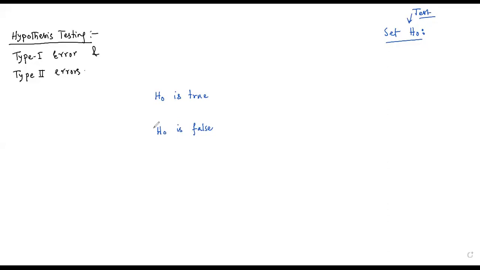Then, according to the calculation, two things may happen. What are these two things? We may accept the null hypothesis that we have set up corresponding to the situation, or we may reject the null hypothesis. These two things may happen. And when I'm doing this with respect to the sample, suppose my declaration about COVID affected people globally is actually true.